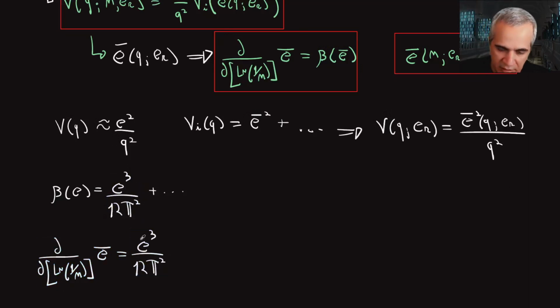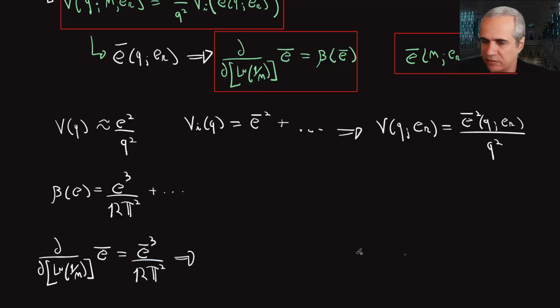But now it's E bar, right? And then I just solve these, right? It's a separable equation. I can just write that as 1 over E bar cubed dE bar is equal to 1 over 12 pi square d log of Q over M, right?